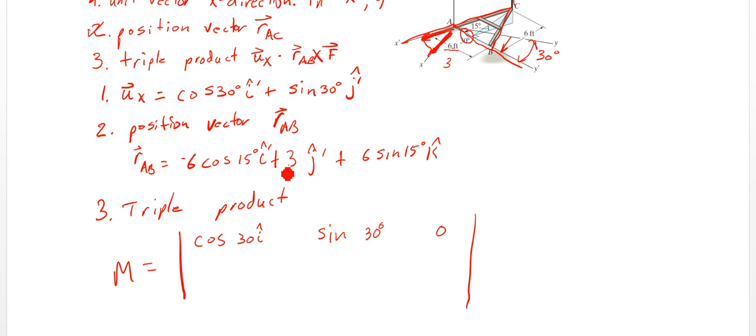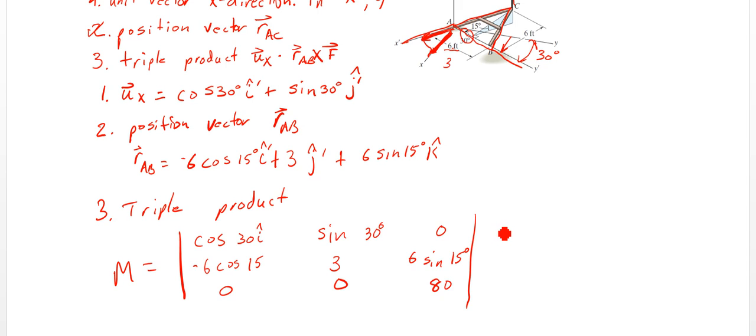Then our position vector: negative 6 cosine 15, 3, and 6 sine 15. I wrote my k component in the wrong place, so we'll have 3 here and 6 sine 15 there. And for our force vector, we're only lifting straight up, so we have 0 in i, 0 in j, and 80 pounds in k.